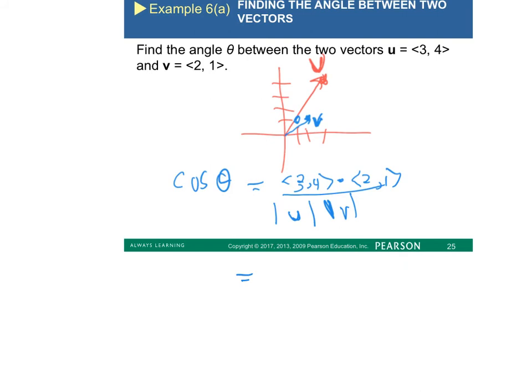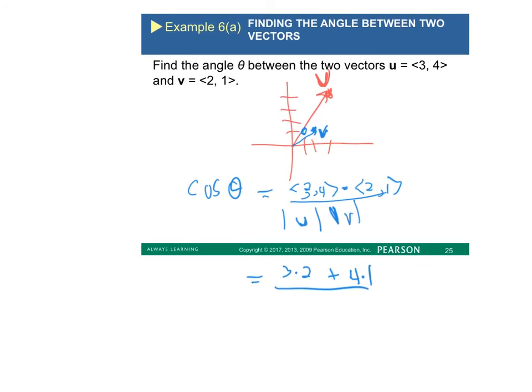That's just going to be a number. 3 times 2 plus 4 times 1, over the magnitude of u, which would be 3 squared plus 4 squared, square rooted, times the magnitude of this one, 2 squared plus 1 squared, square rooted. Okay. 3 times 2 is 6, and 4.